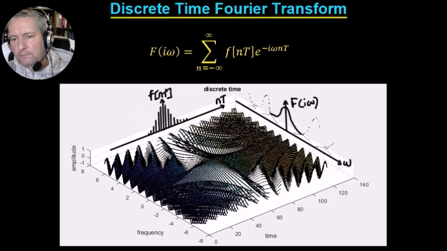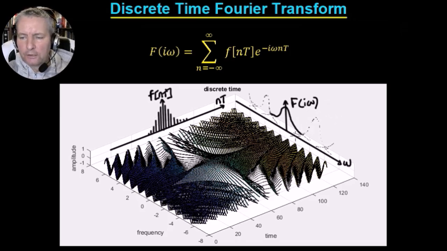But if the frequency bandwidth of this signal is large, this part of the signal is going to impinge on this part of the signal. You can see the crossovers. These crossovers would create a degradation of the signal, and it would mean that when we went to do the inverse transform, we wouldn't be able to reconstruct this signal.